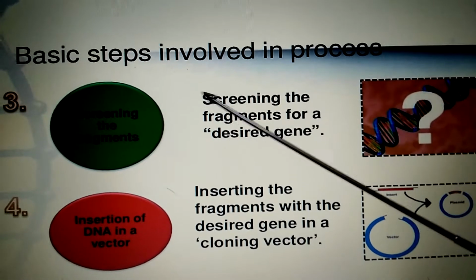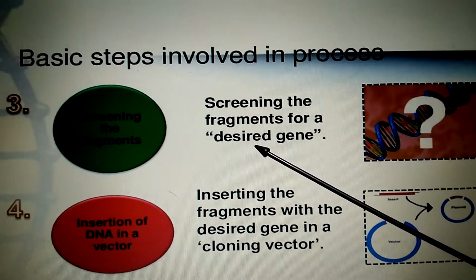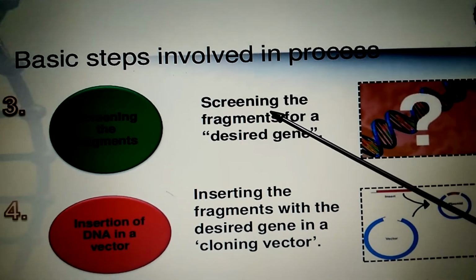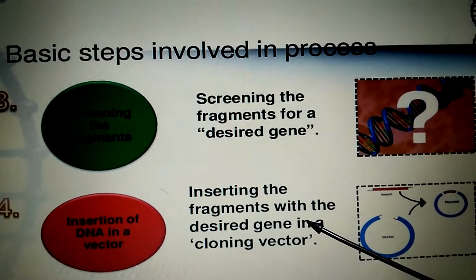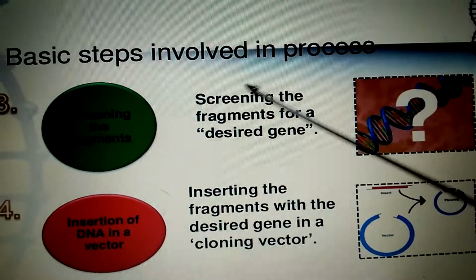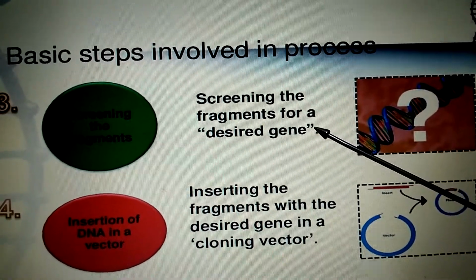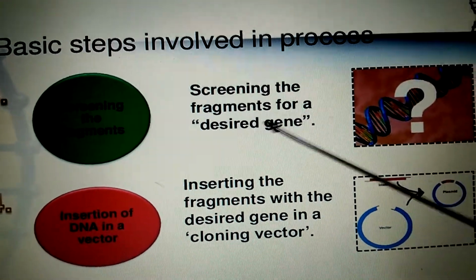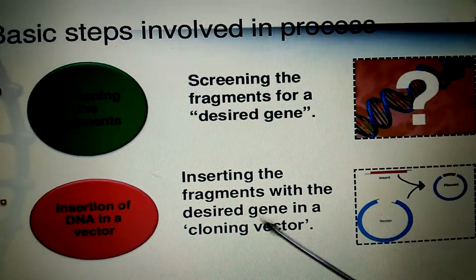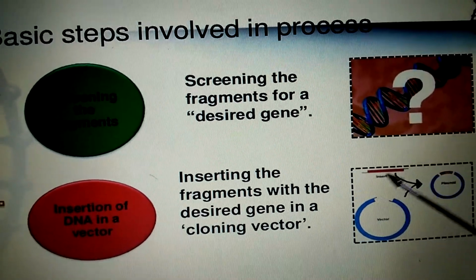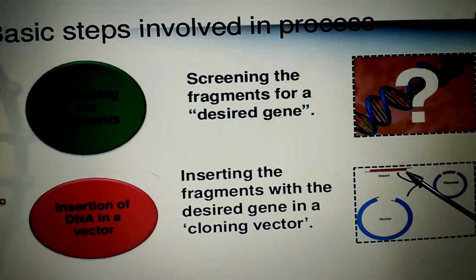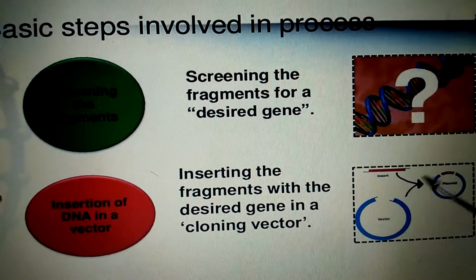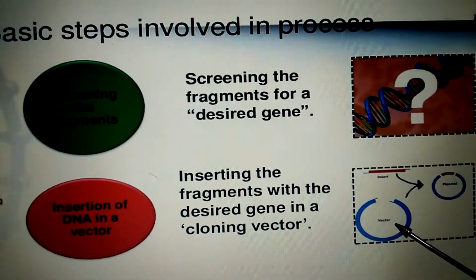After that, the fragment that contains the desired gene is screened out. Once we have extracted the smaller fragments by the restriction enzymes, the gene which is our required gene, or the gene that contains the desired DNA sequence, is then inserted into a vector, that is the plasmid vector.